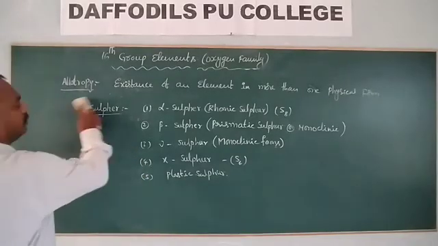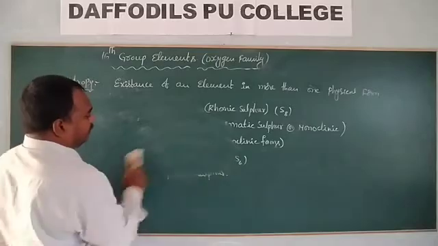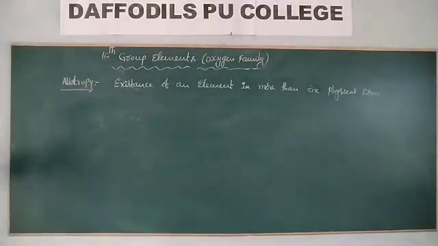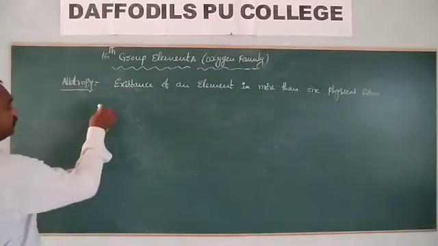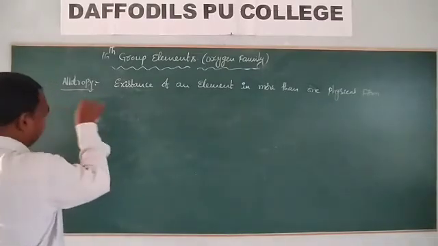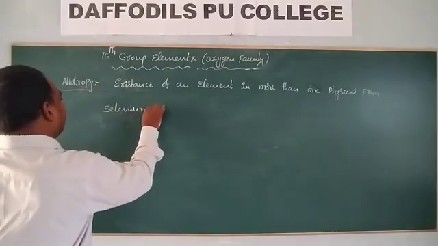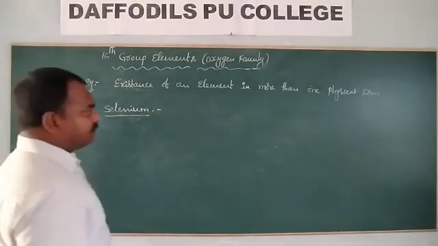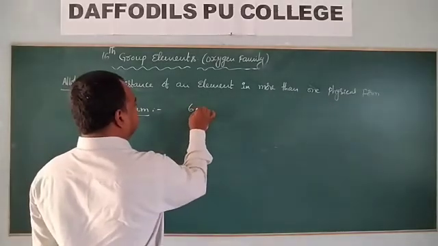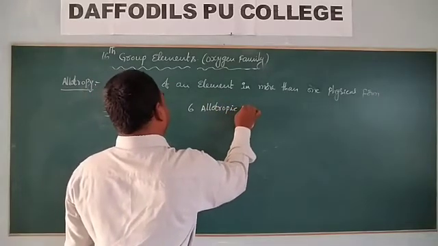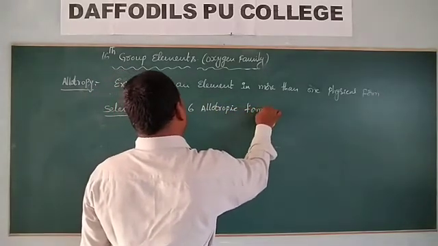Next, the next element is selenium. Selenium has 6 allotropic forms.